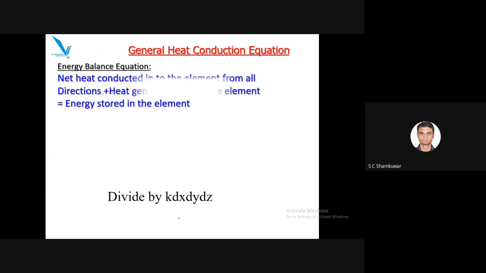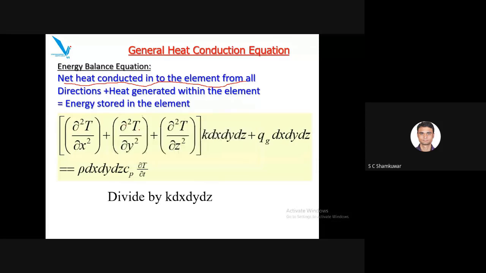Then now first law. What was the first law? Energy balance. Net heat conducted into the element from all directions plus heat generated within the element is equal to energy stored in the element. Therefore, now we have replaced all the things: net heat input, heat generated, change in internal energy.